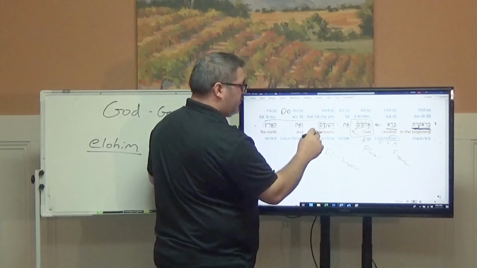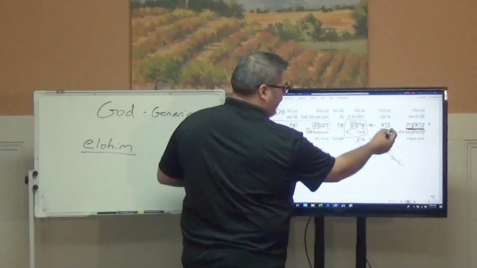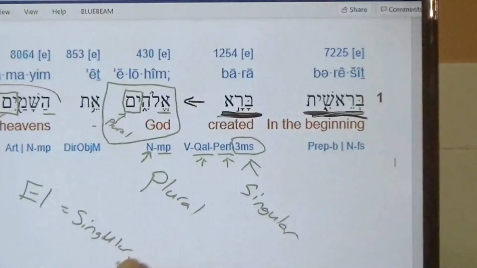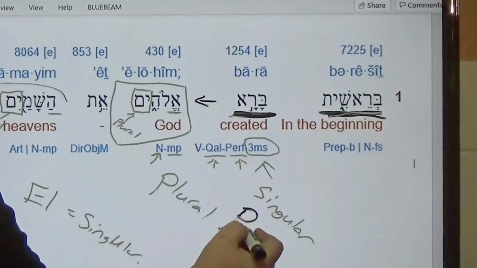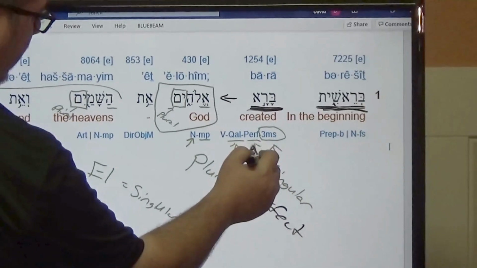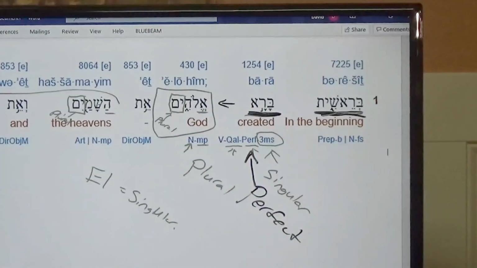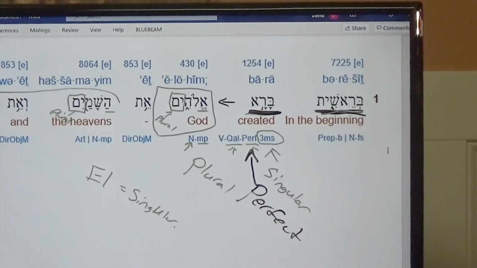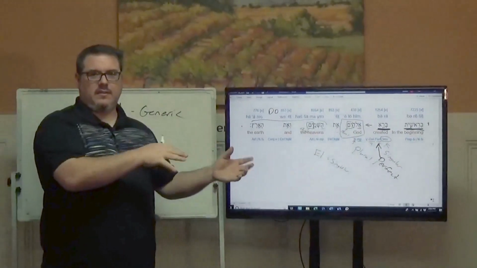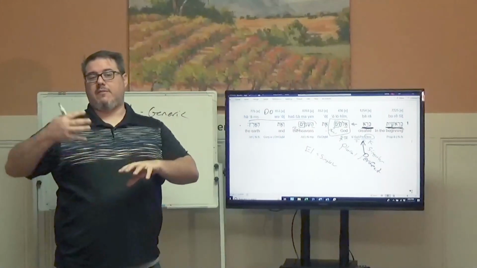Now, when we get into this created, I want to go kind of back into it as well. We have what's known as the perfect tense. This perfect tense that we were looking at right here is slightly different than what we would think of. We have in English, we have a past tense and a present tense. We have a future tense.